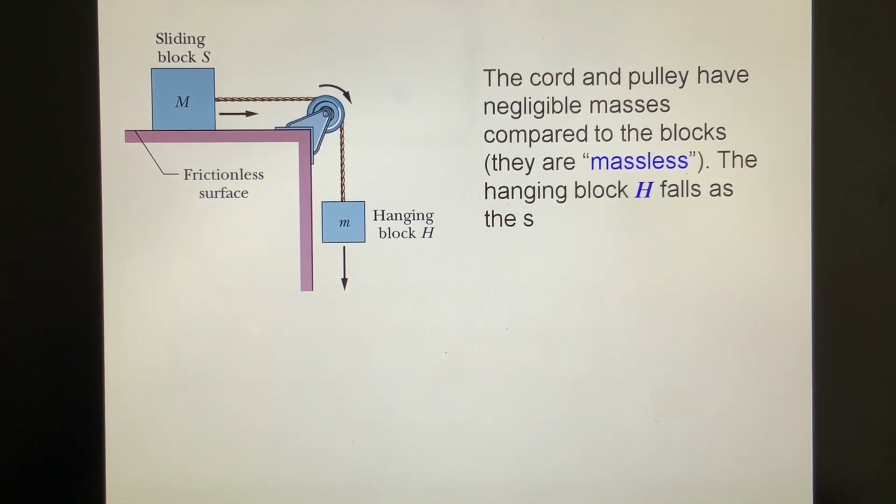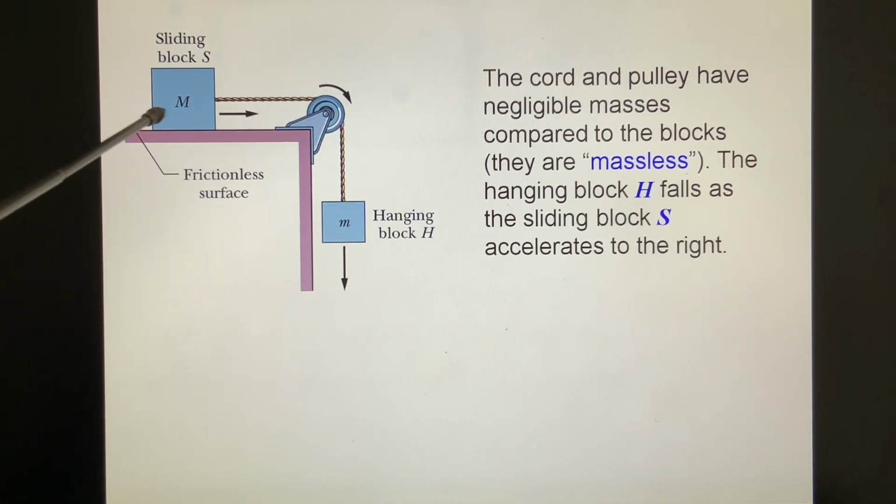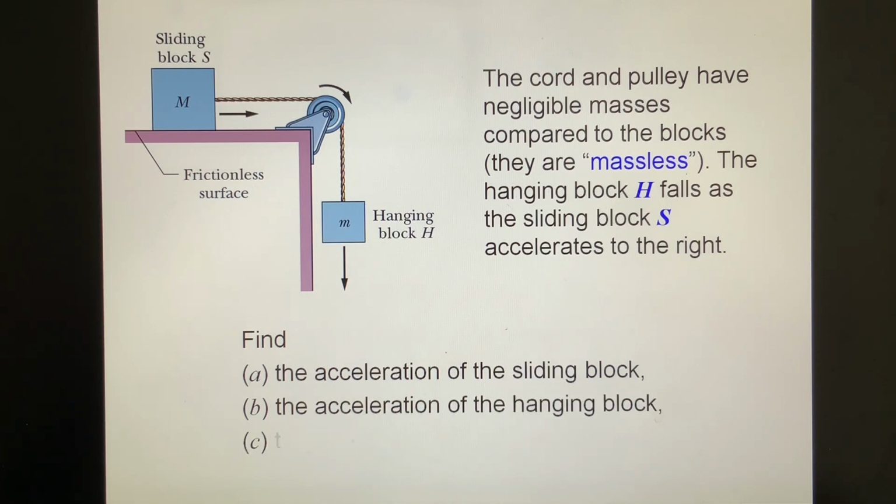The hanging block H falls as the sliding block S accelerates to the right. Find A, the acceleration of the sliding block. B, the acceleration of the hanging block. C, the tension in the cord.